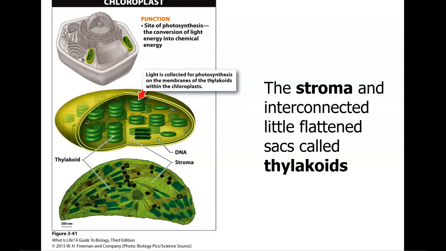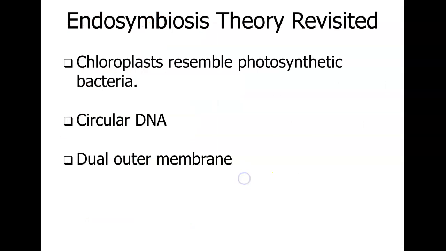So the stroma, and interconnected little flattened sacs are going to be called thylakoids. The stroma is going to be like the cytoplasm inside of the chloroplast. This is also thought to be an organelle that was produced through endosymbiosis. So it resembled a photosynthetic bacteria, and they think that it was brought into the plant cell the same way that the mitochondria was.